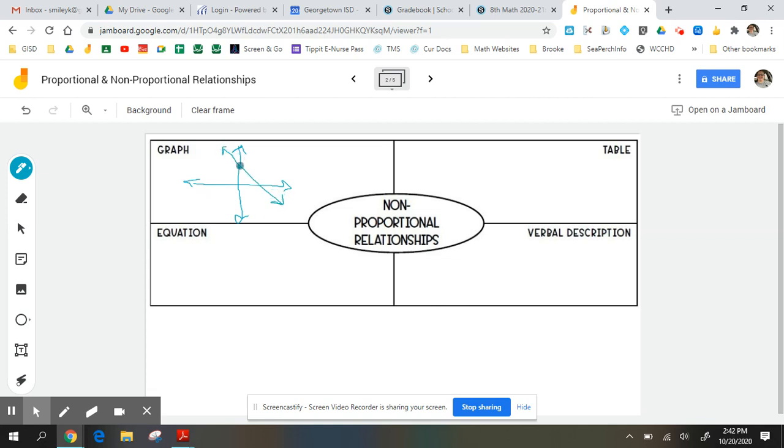You can tell it definitely has a y-intercept other than (0, 0).